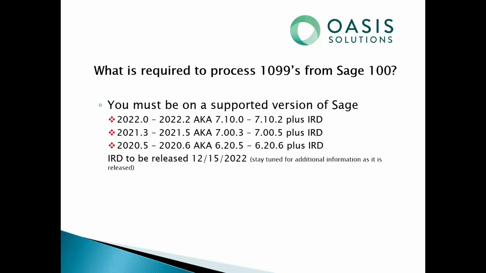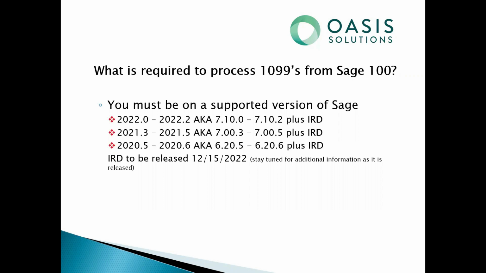So what is required to process 1099s from Sage 100? You should be on a supported version of Sage. So right now, Sage is supporting version 2022, which is the most recent version, and then 2021 and 2020.